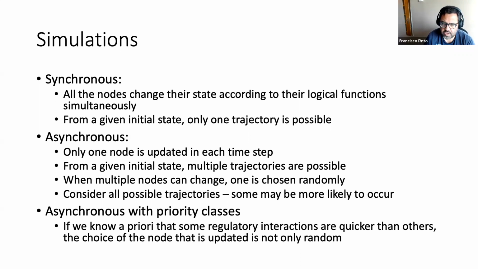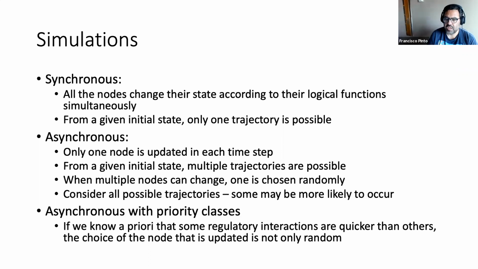But in the asynchronous scheme, as only one node is updated in each time step, if you are following just one trajectory, then you have to choose randomly which node updates its value, or then you are modeling in parallel multiple possible trajectories, since from a given initial state you have multiple possible trajectories.